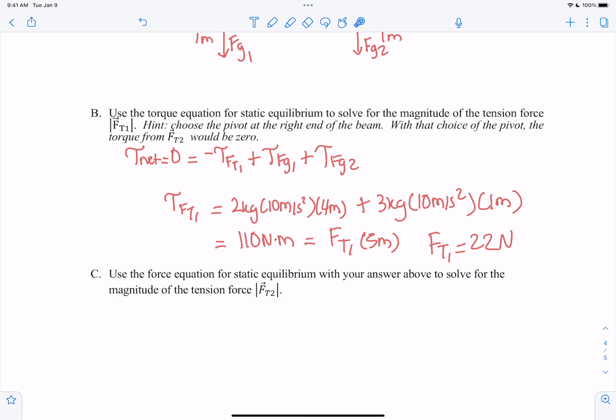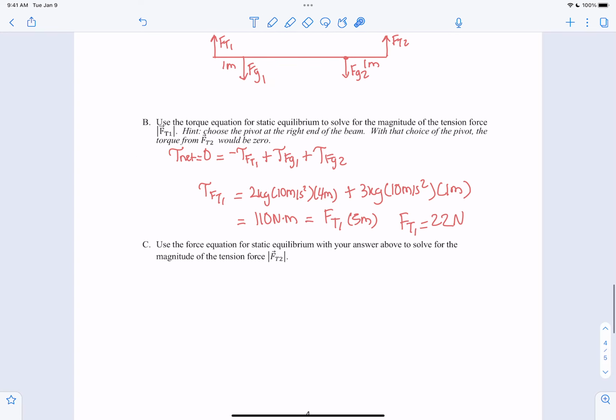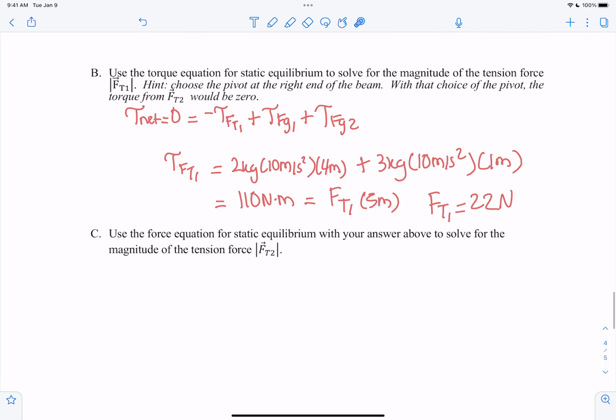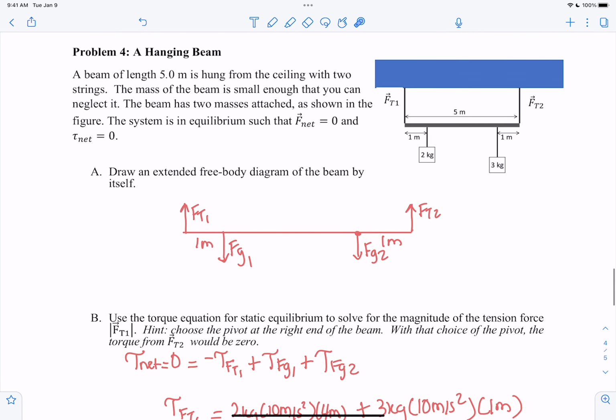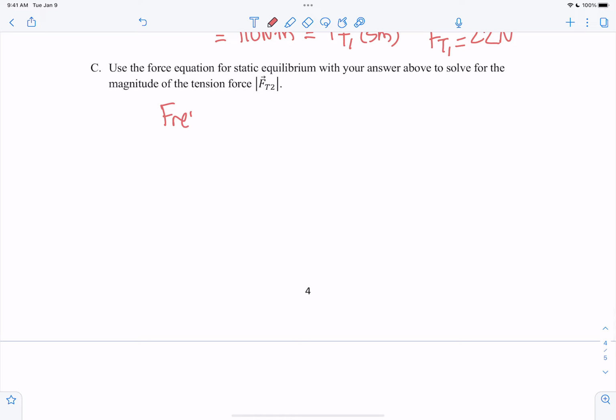Okay, cool. Now part C is a lot simpler because we're just using the force for static equilibrium to figure out FT2. So it's just looking at how all these forces cancel each other out, right? So F net Y is just FT1 plus FT2 minus FG1 minus FG2, right?